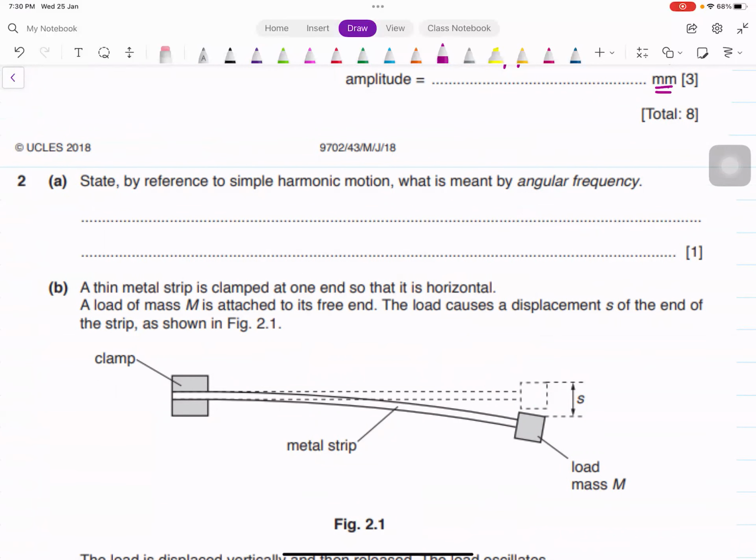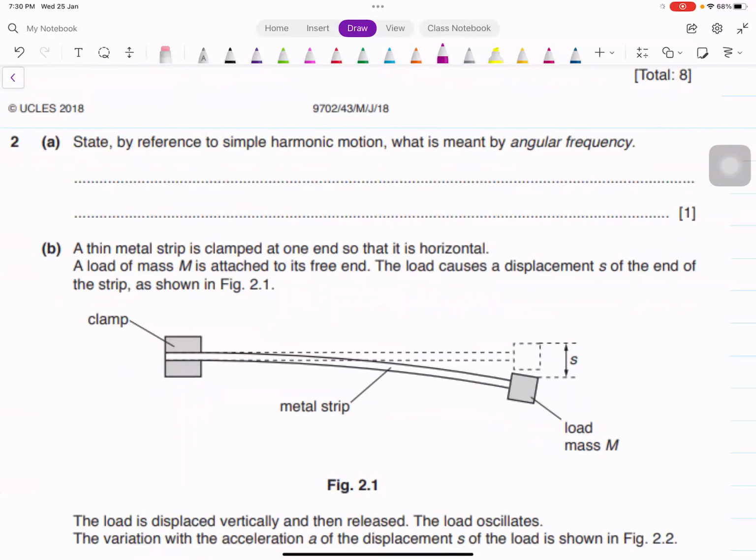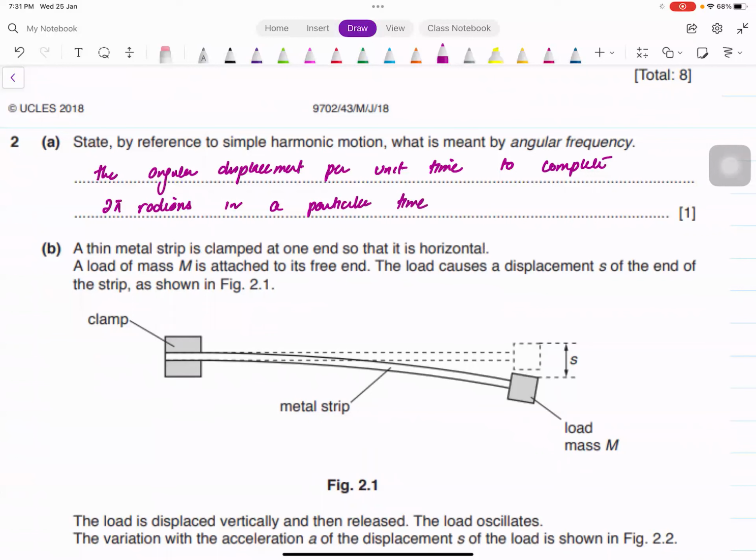So, speaking of angular frequency, with reference to this, you just need to tell them that angular frequency is the angular displacement per unit time to complete 2 pi radians in a particular time period.